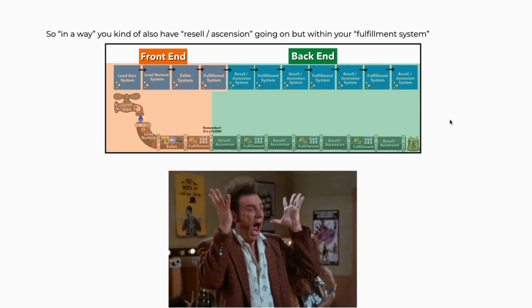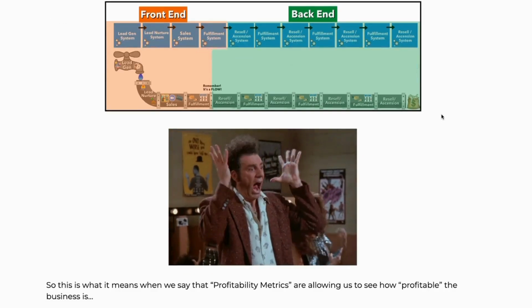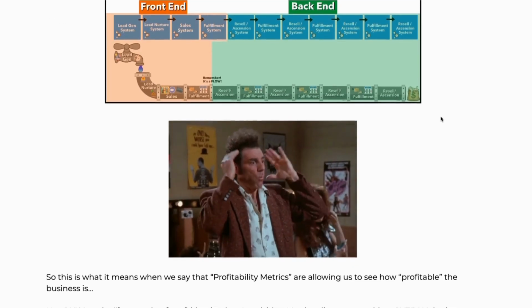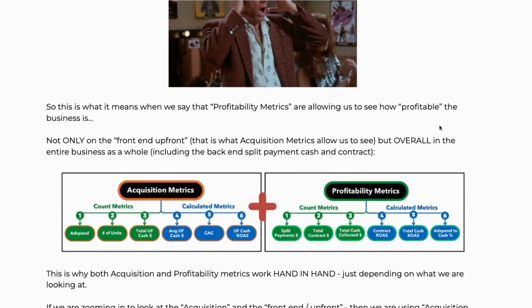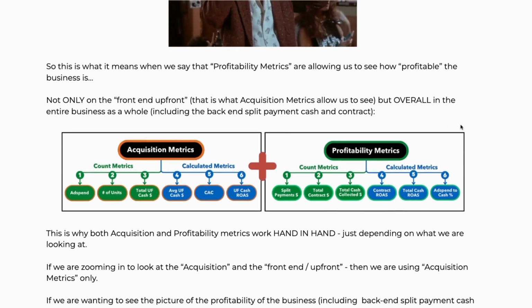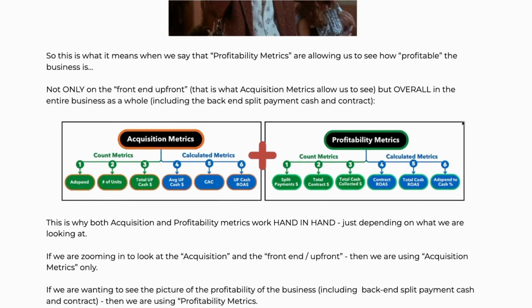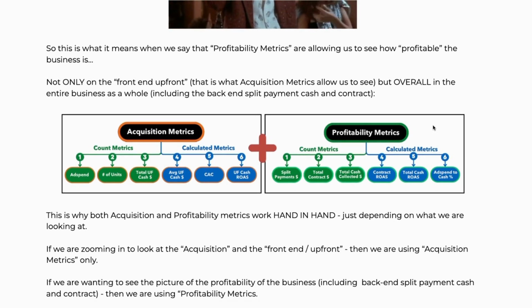And so this is what we mean when we say that profitability metrics allow us to see how profitable the business is, not only on the front end upfront. That's what the acquisition metrics allow us to see, as we've talked about. But when we put the profitability metrics in place with them, both together, we're able to get a picture of the overall business, both the front end and the back-end split payment, cash, and contract that is coming in.